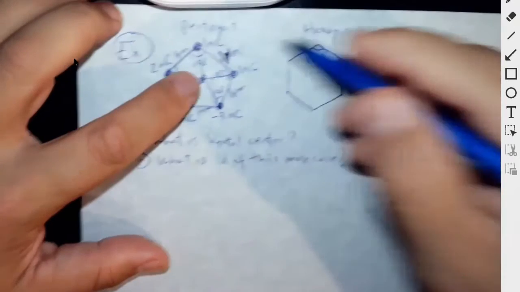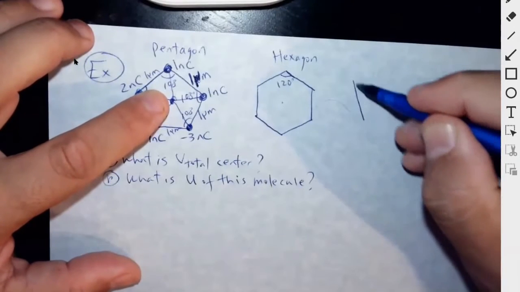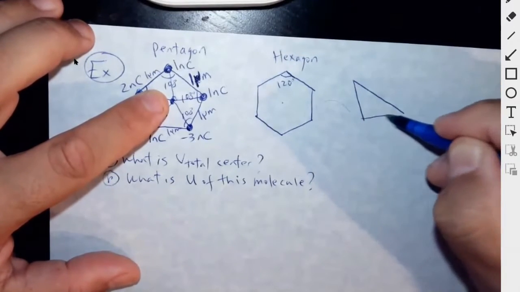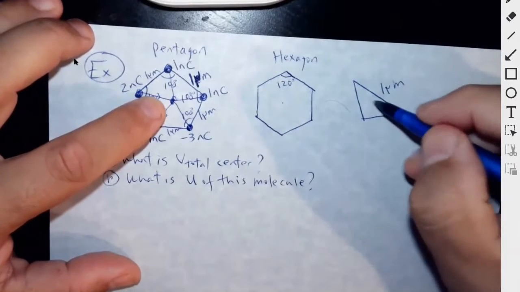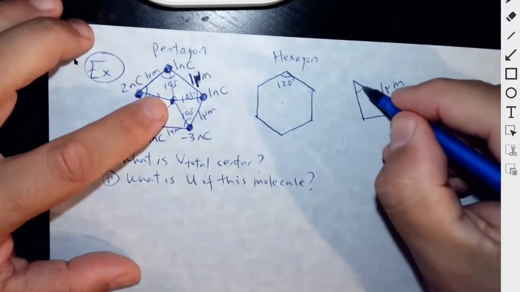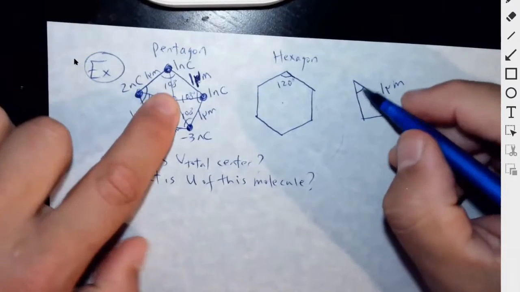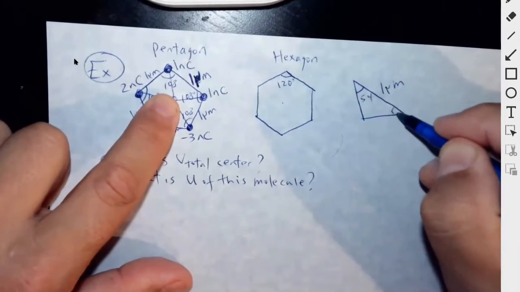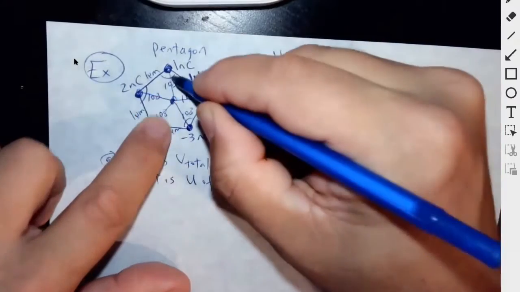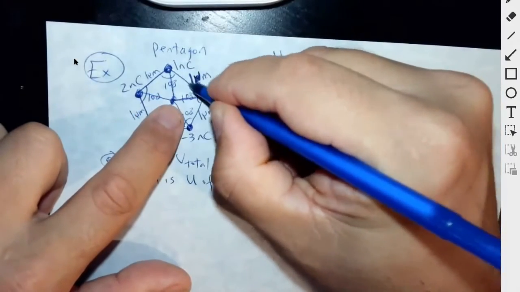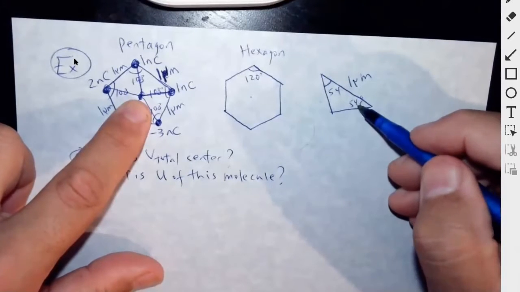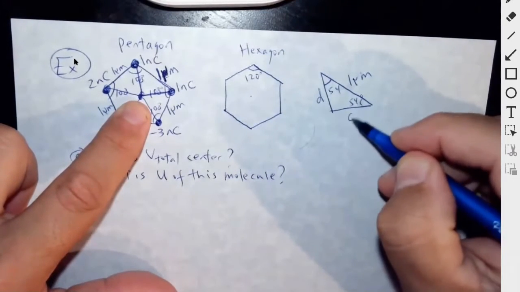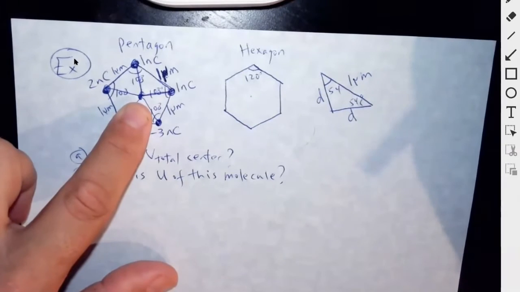If you take one of those triangles, this is 1 micrometer. So if I want to know this, this is 54, and this is 54. So I'm focusing on this triangle now. It's 54, 54. And then if I want to know this distance, what would that be?